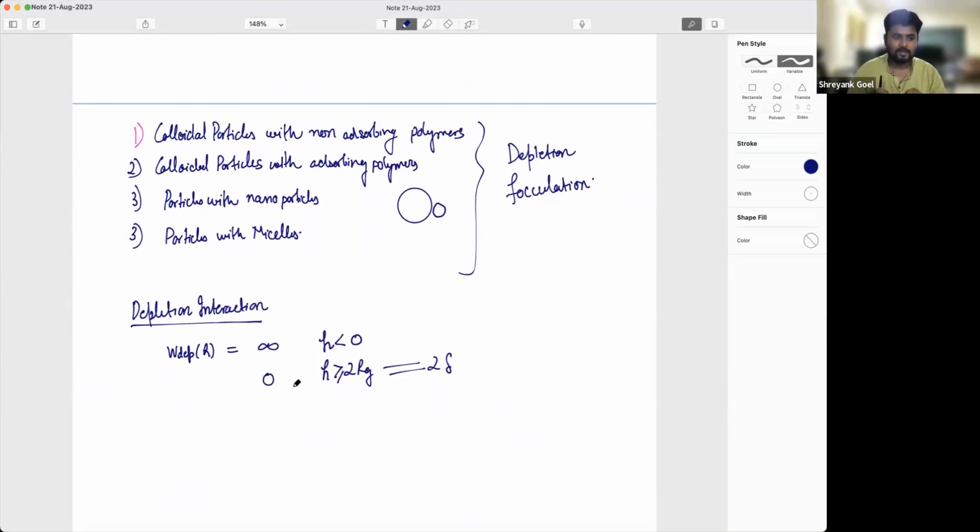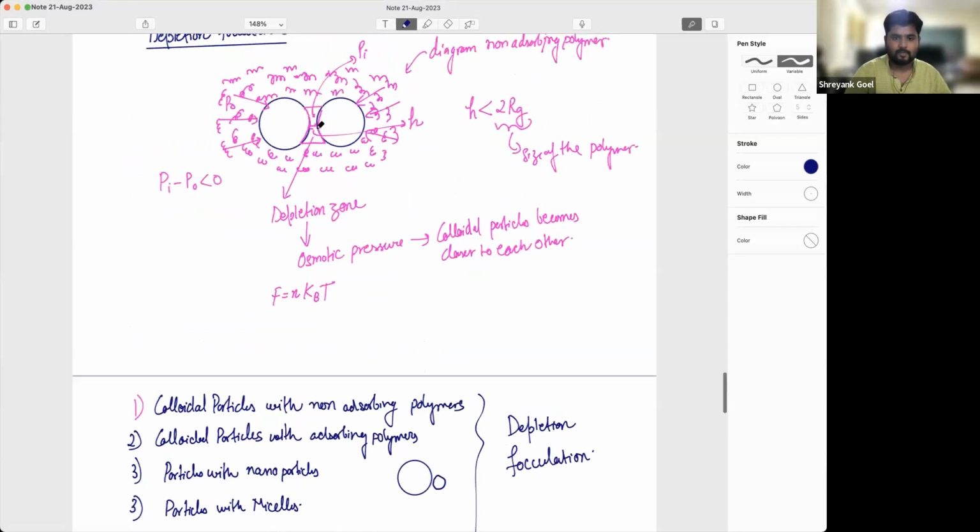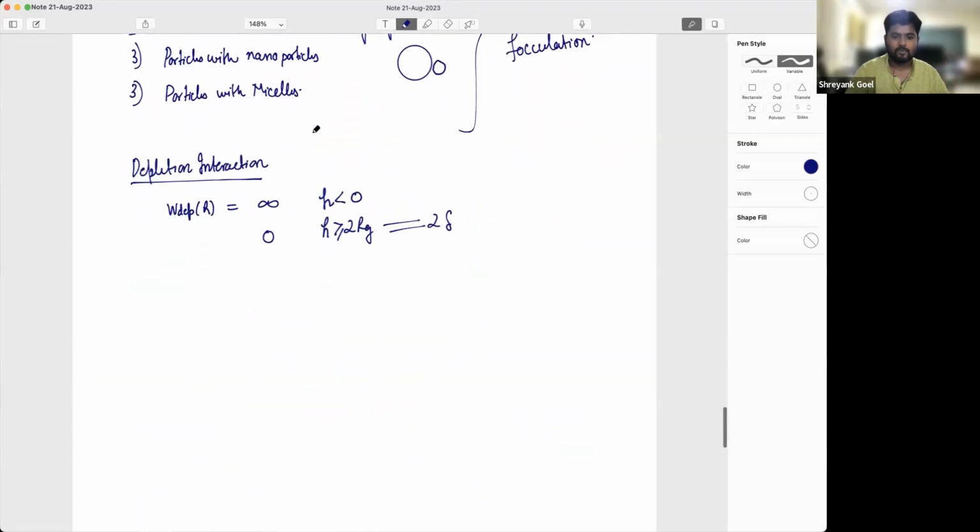But in between, when there is a formation of a depletion zone, there is an osmotic pressure due to the pressure difference between this region and the outer region. So the depletion interaction comes out to be minus PV, in the region when h is greater than 0 and less than twice Rg.